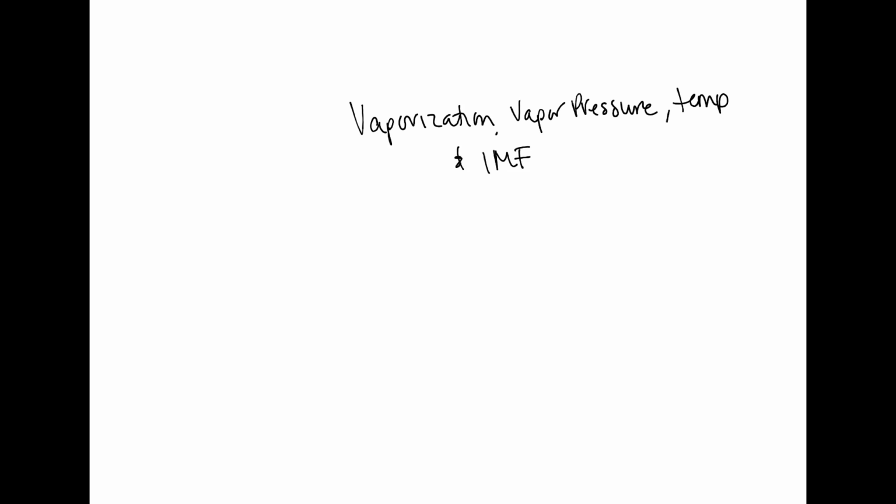So in this video, we talked about the relationship between vaporization, vapor pressure, temperature, and intermolecular forces. We also talked about what it meant to establish equilibrium and what normal boiling point meant.